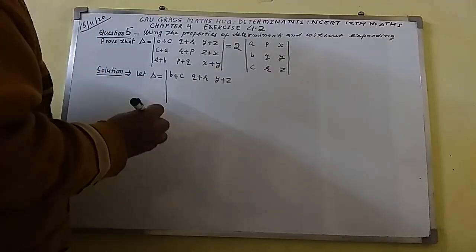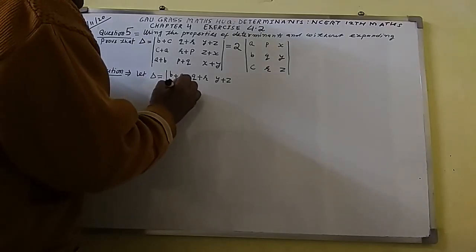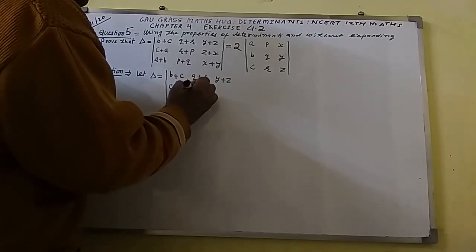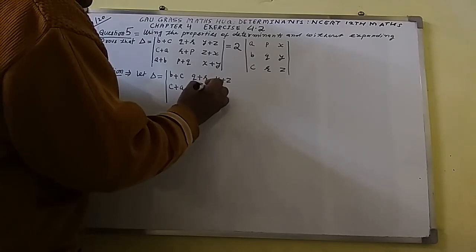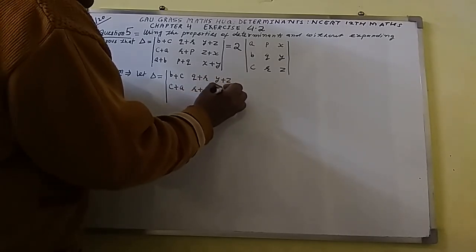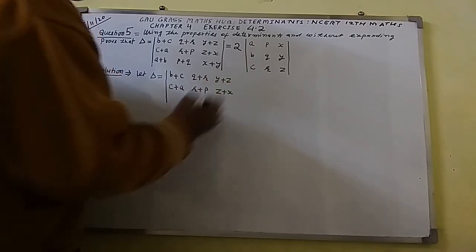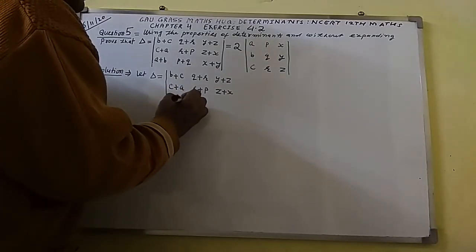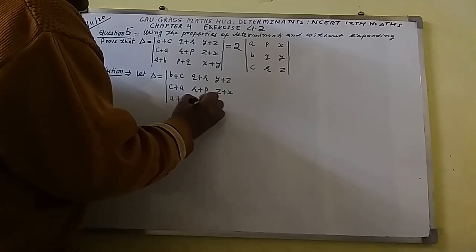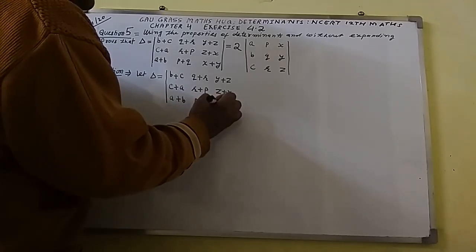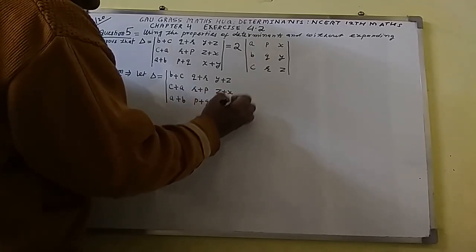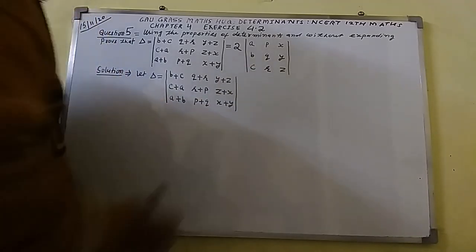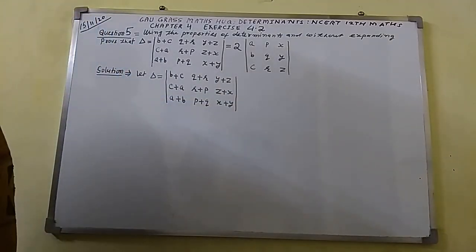The elements of second row c plus a, r plus p, z plus x. The elements of third row a plus b, p plus q, x plus y. Closing of the determinant by vertical line.